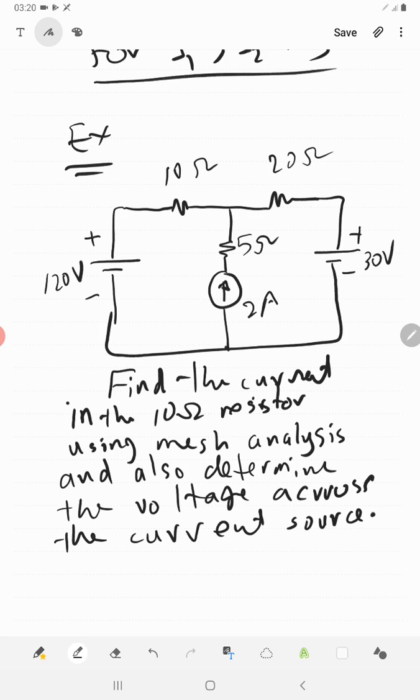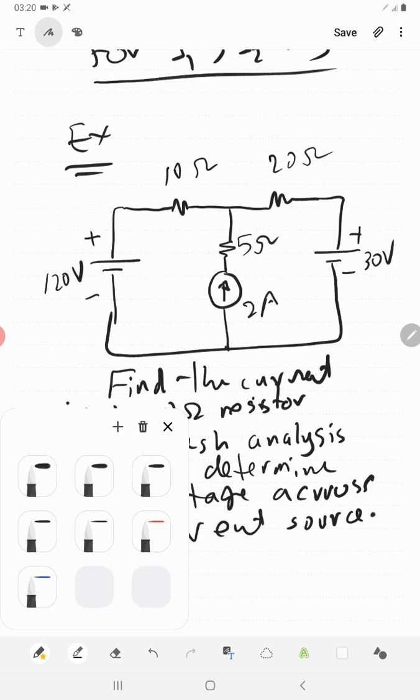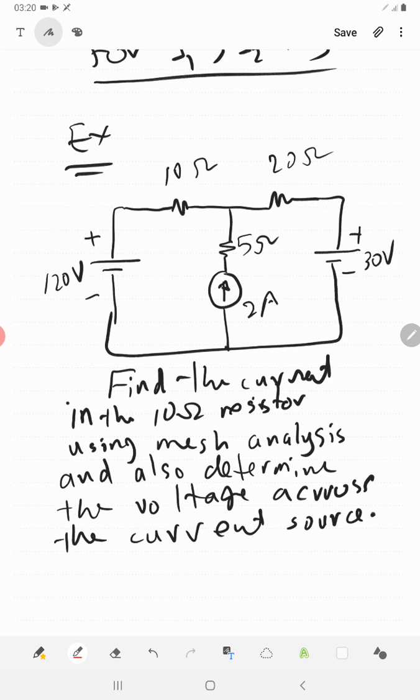If you have a current source in mesh analysis, you do it the same way, but be careful of the current source. Let's assign the loops here. We have two loops, this is I1 and the other loop is I2.